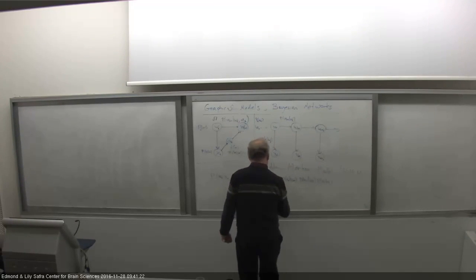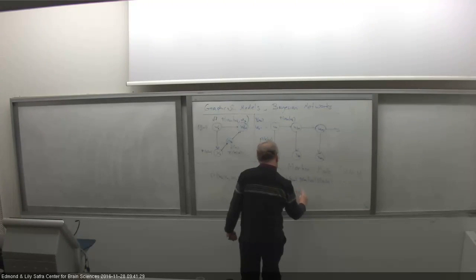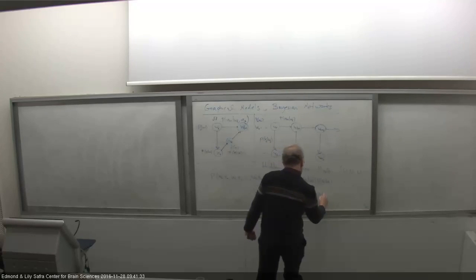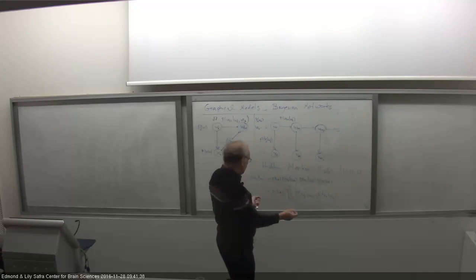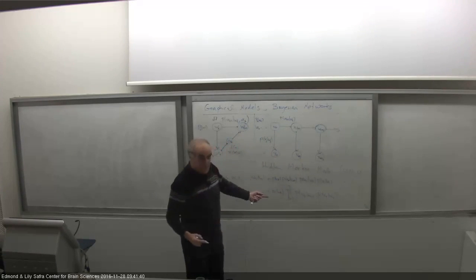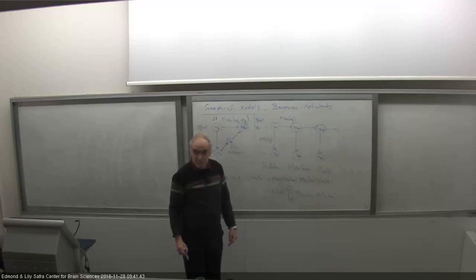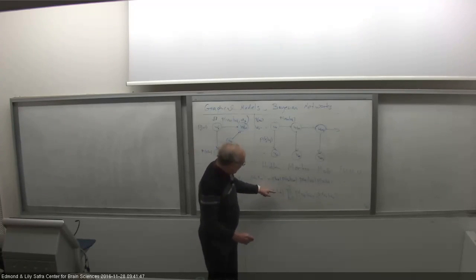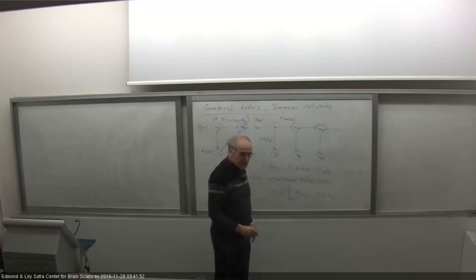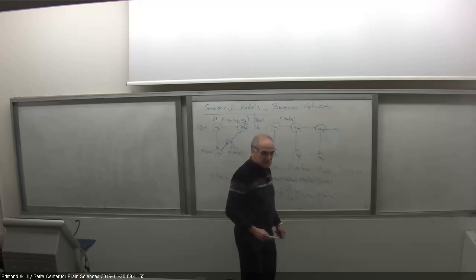Now I have P of W0 times the product, t goes from 1 to T, of P of Wt given Wt minus 1 times P of xt given Wt. If I want to just denote that P of W0 given W minus 1 is P of W0, I can write 0 here.